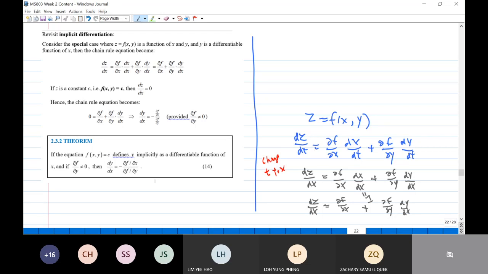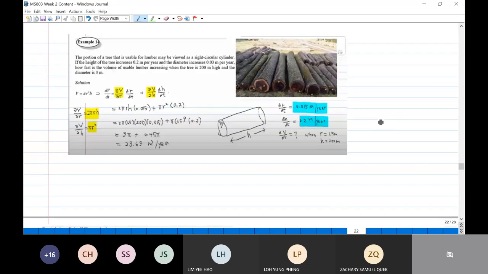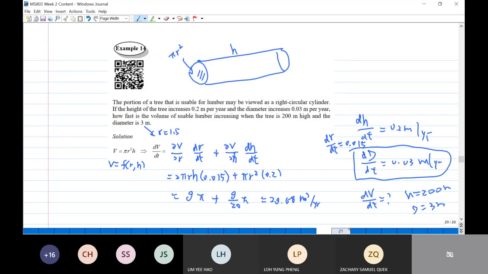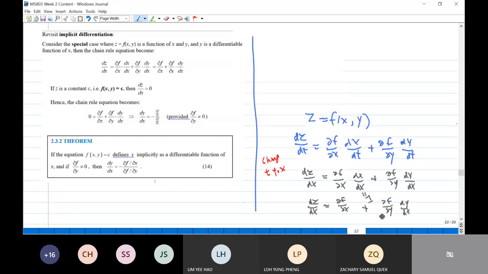Now, suppose z is a constant, because usually if z is a function of x and y, for implicit differentiation, this is actually equal to a constant c. So f function of x and y is a constant c.